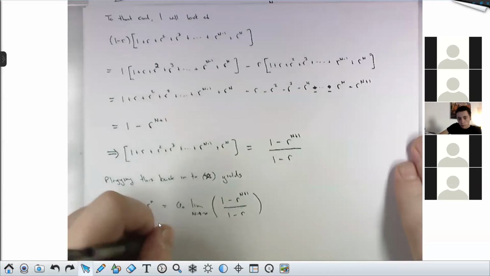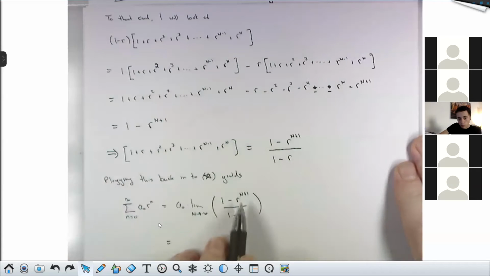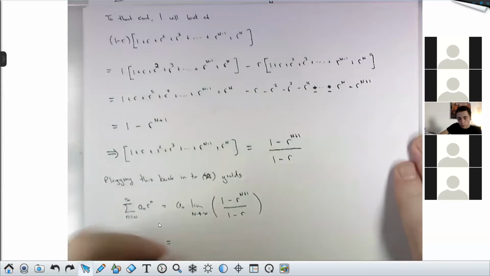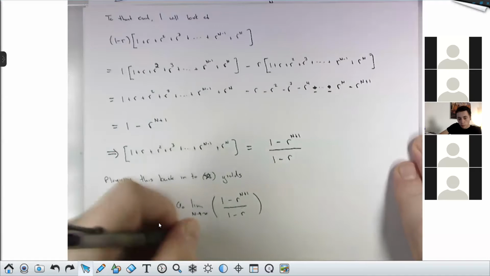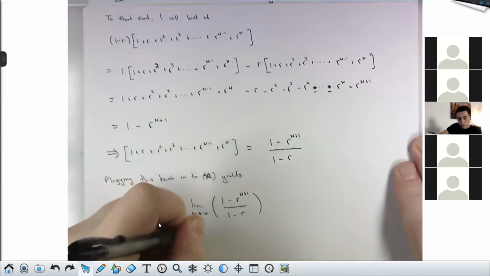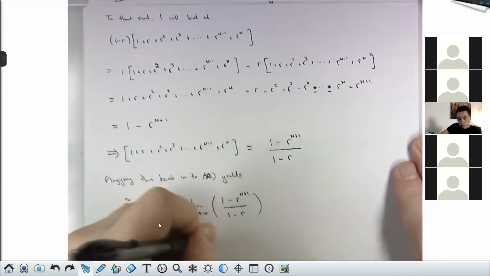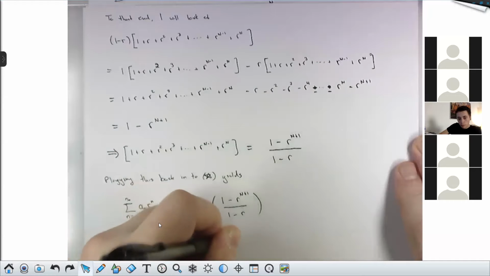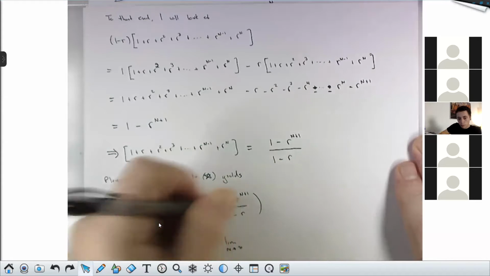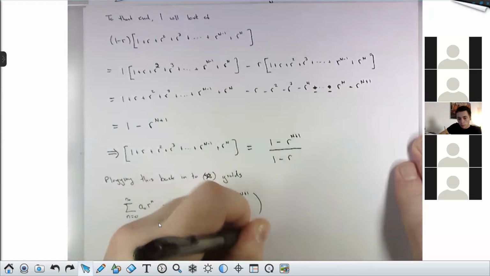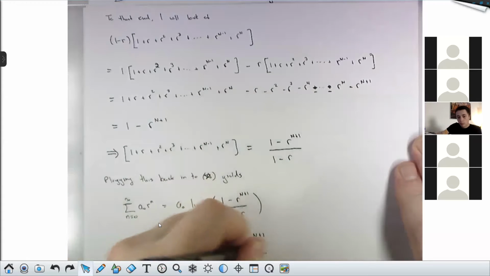And that is equal to, there's only one place where n shows up anywhere in this expression. This is a naught times (1 minus the limit as n goes to infinity of r to the n plus 1), all divided by 1 minus r.